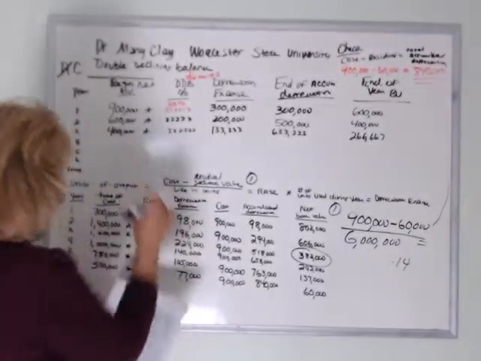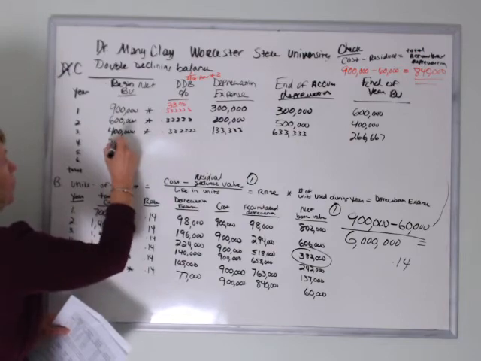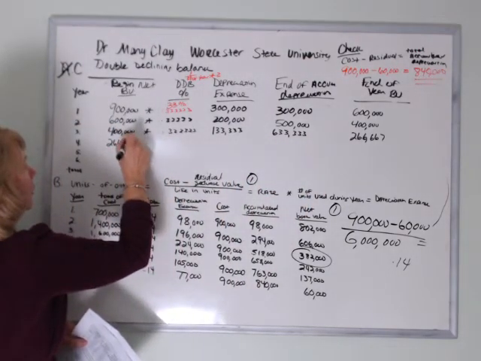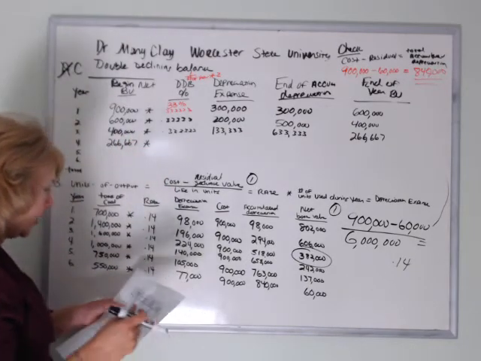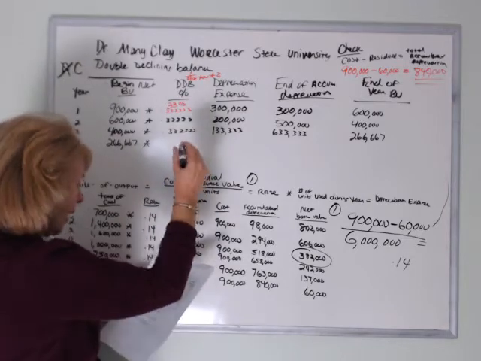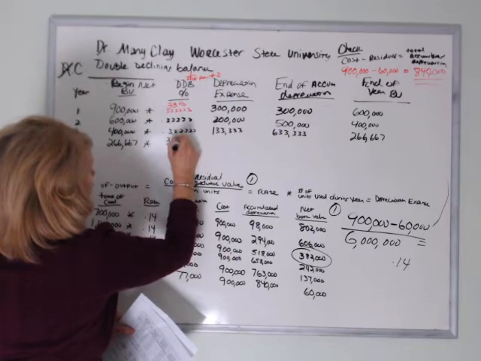We go to year four, we just bring down our book value. Be careful not to transpose a number. All right, very easy to do that with all these numbers, so take your time. 266,667 times, supposed to be 33%.